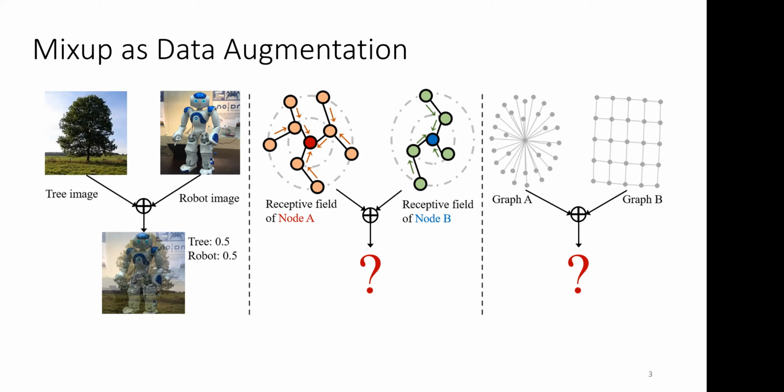I think there is also someone who posted a question in the chat. Okay, let me check it. Oh, so the first question is how to apply our mix-up methods for link prediction with negative sampling. Actually, I do not think this is just a simple question to name as an application.